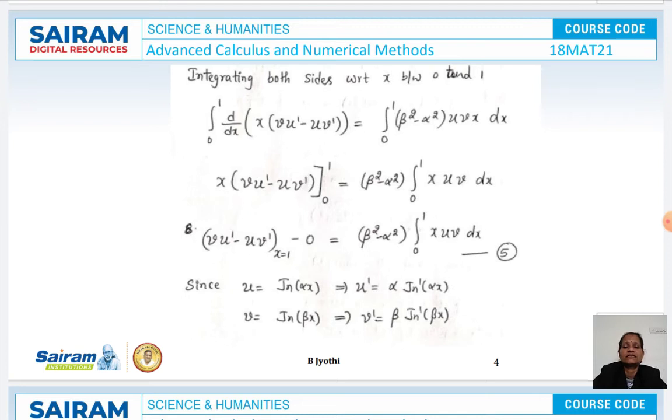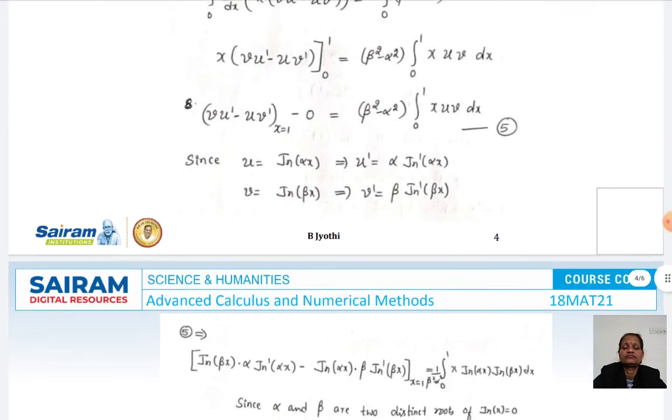Let's call this equation number 5. And we know that since u is Jn of alpha x, this implies u dash is alpha Jn dash of alpha x. v is Jn of beta x, which implies v dash is beta Jn dash of beta x.